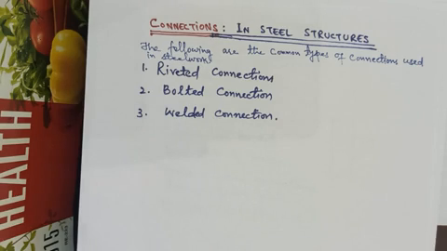Also, the connections for steel structures account for more than half the cost of structural steel work. So the design and detailing of connections is of primary importance from the point of view of economy.